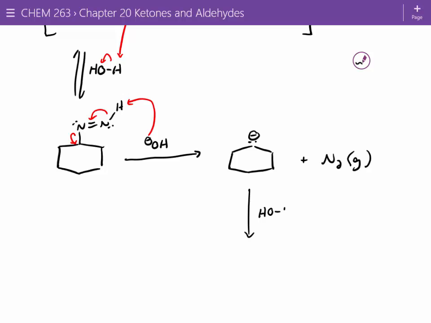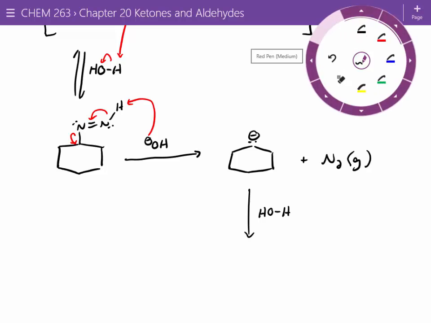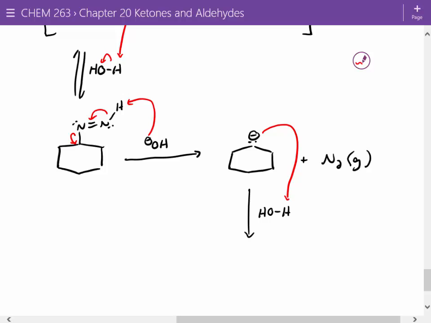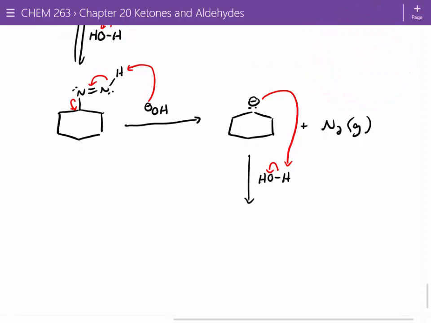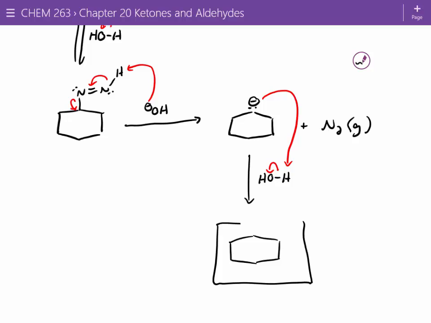This is a really, really strong base. And you, in this case, end up with cyclohexane as your final product.